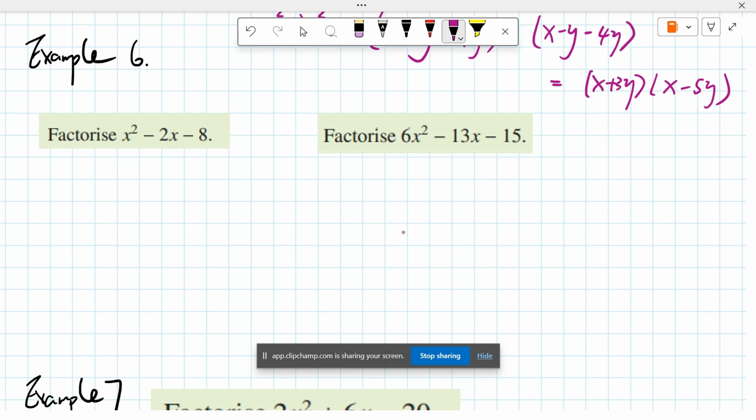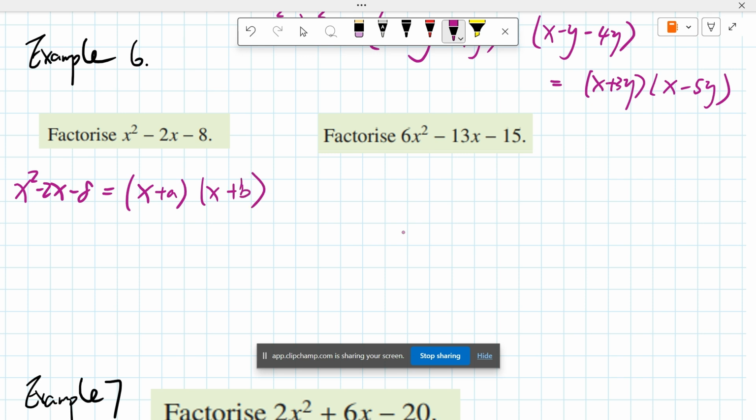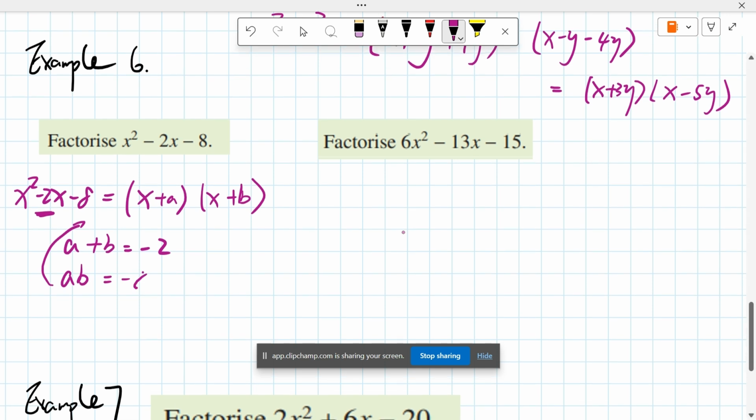Let x squared minus 2x minus 8 equal something like x plus a times x plus b. We just imagine a and b. We need to make sure a plus b equals the middle number, which is negative 2, and a times b has to equal the last number, which is minus 8.